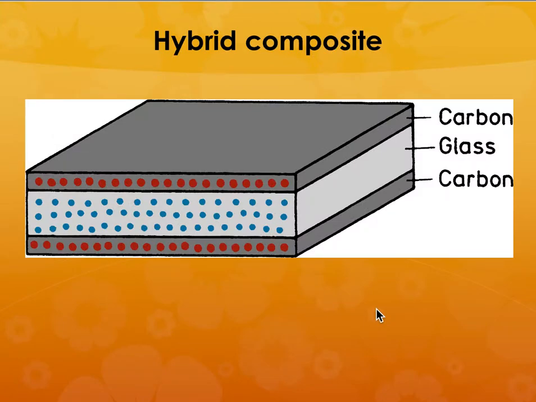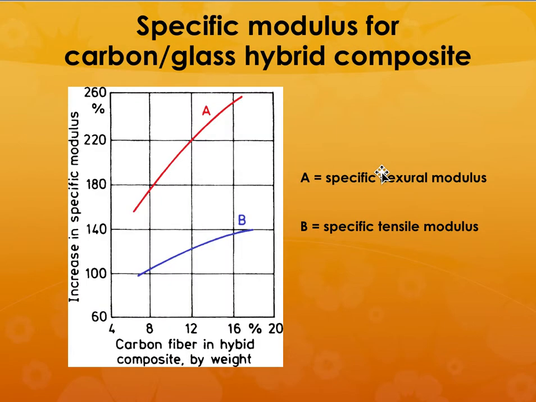You can also have a hybrid composite where you have carbon fibers as well as glass fibers, so you can have a combination of properties. For such a hybrid composite, you can calculate the specific modulus.